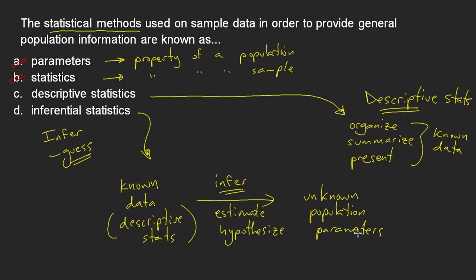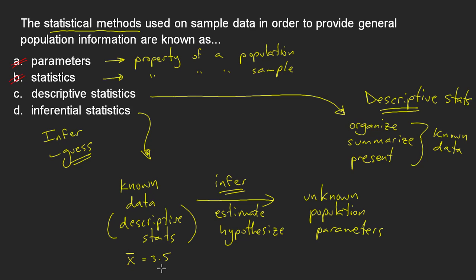So if I were to take a survey of 100 students at the university and ask them what their GPA was, then I would get an average GPA. We call a sample average, or we write a sample average like this. Let's say that my sample average, or my sample mean, it's called, is a 3.5. Now, I only know for sure that this applies to the group of students that I've actually surveyed.